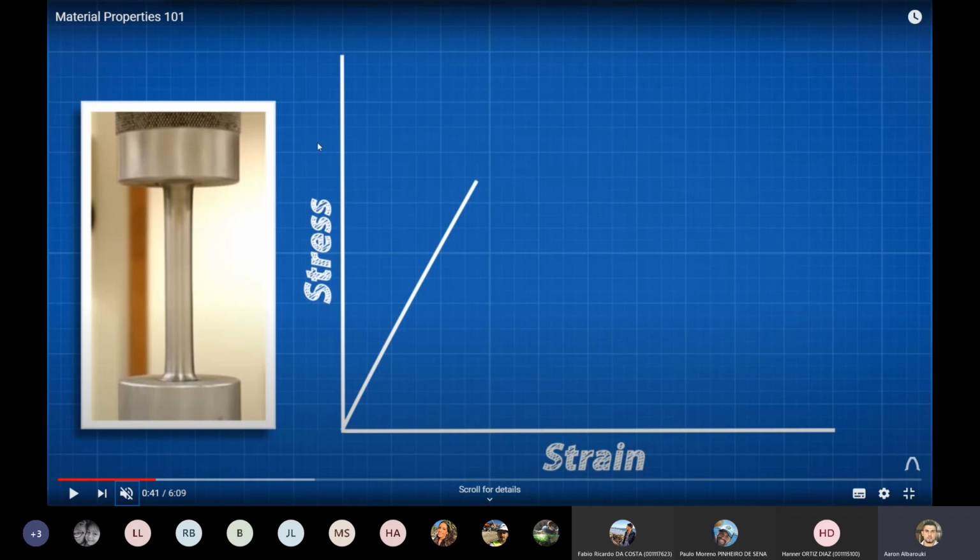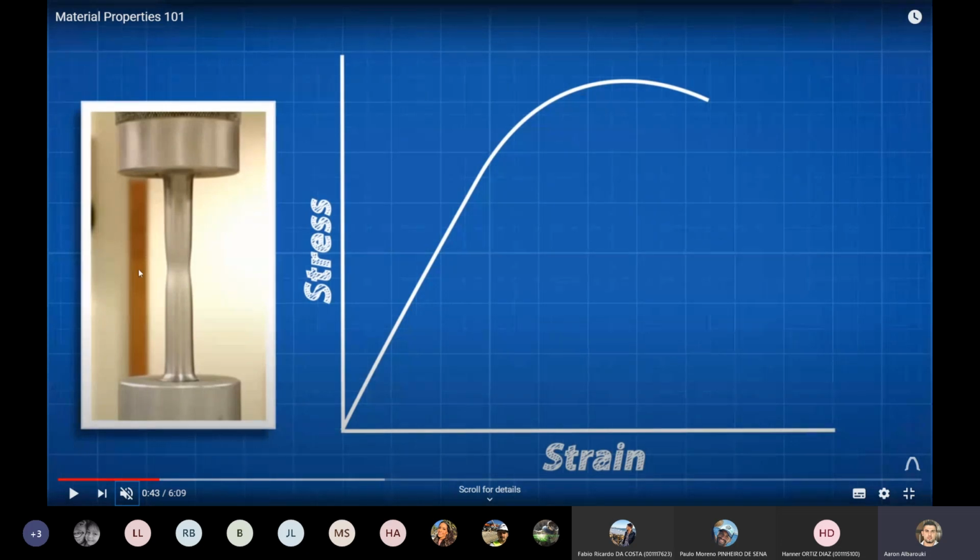So we plot these two against each other. We find there's a linear relationship between them at the start, and that's the elastic part. That's where the elastic part is finished. That's the linear relationship. After that point there, that will start going into plastic. Look at the steel. It's going into a permanent deformation. That's not elastic anymore.